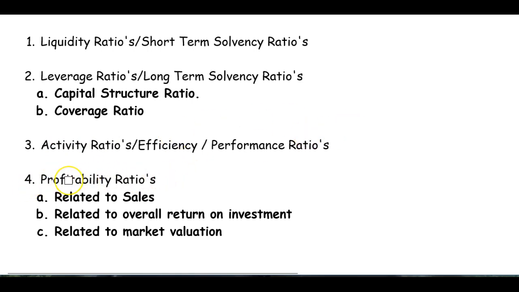The fourth one is the profitability ratio, which is subcategorized into three parts: one related to sales, one related to overall return on investment, and one related to market valuation. These are the four types of ratios we need to study in depth. In the upcoming lessons, I'm going to deal with these kinds of ratios one by one.